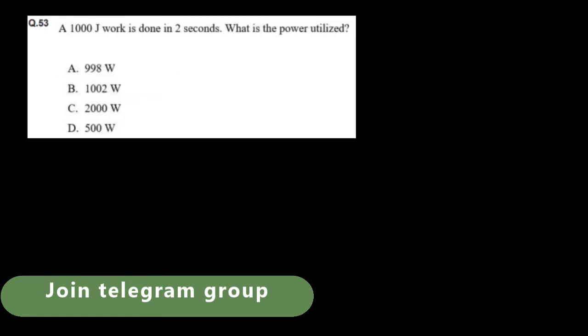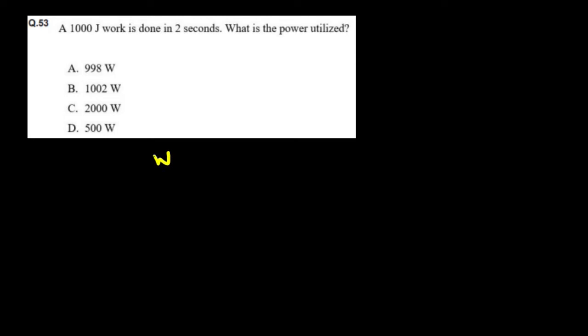Question number 53. A 1000 joule work is done in 2 seconds. What is the power utilized? Power is the rate of doing work.